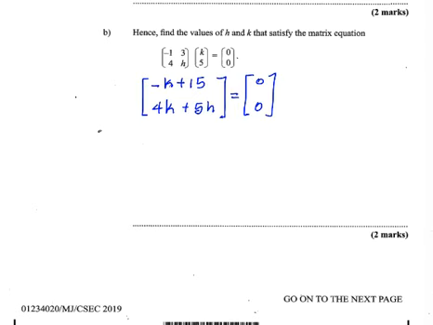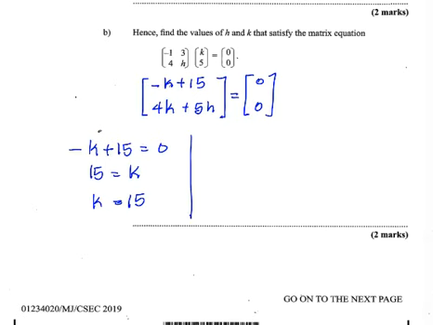So this means that minus K plus 15 is equal to 0, and so 15 is equal to K, or K is equal to 15. The negative K goes over and becomes positive. All I did was turn around the equation.